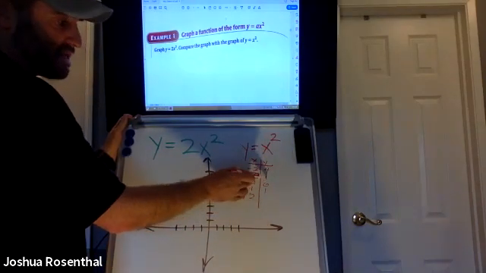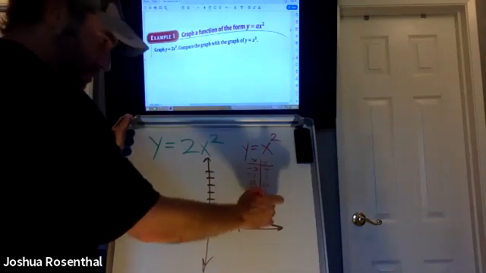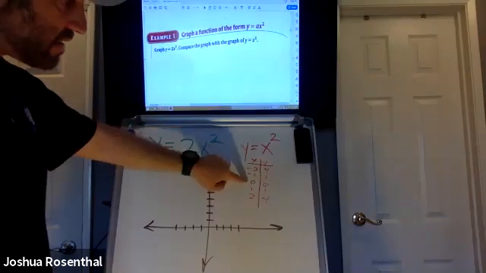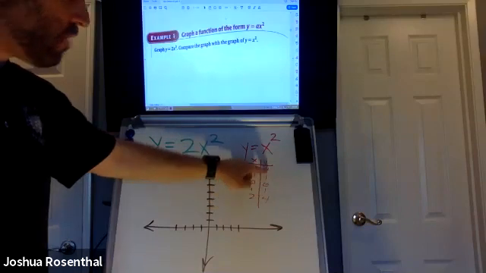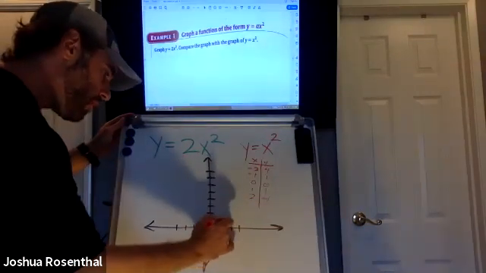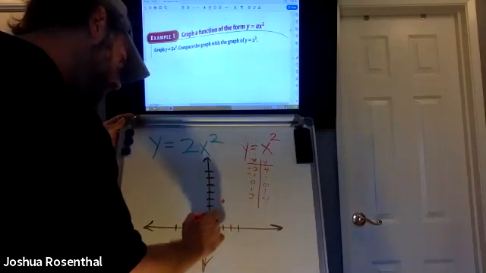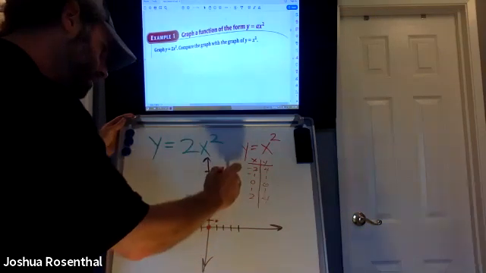So if this has a y value of 1, so does it on the other side. So I really only have to find out these, and then when I get to the middle of my parabola, the other side has the same y values. Okay, so I have this, 1, 1, 2, 4. Negative 1, 1, negative 2, 4.